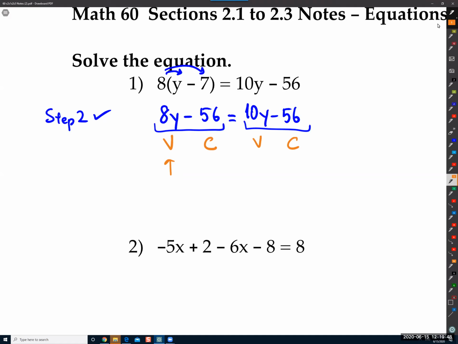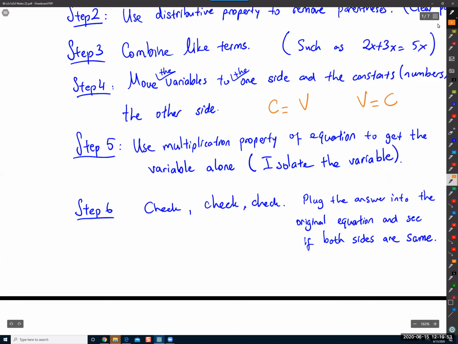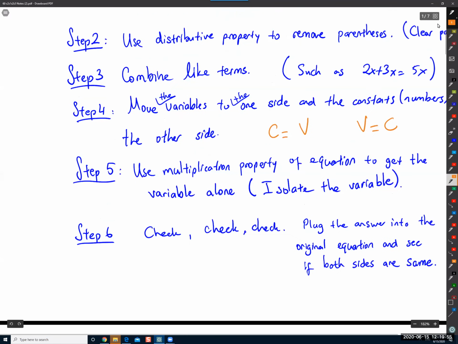How are you going to move it? Did I mention that? I should say use addition property of equality. I should have added here addition property of equality.